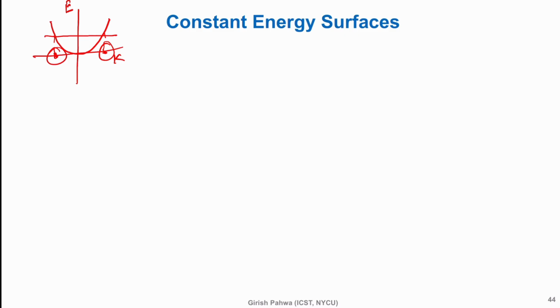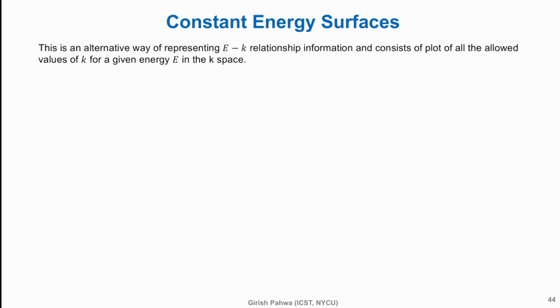Situation becomes a little complex when we go to 2D and 3D, but let's start with the 1D. So as I was saying, this is an alternate way of representing the E-K relationship and consists of a plot of all the allowed values of K for which the energy is constant, say E1, E2, E3, whatever. So let's start with the 1D example.